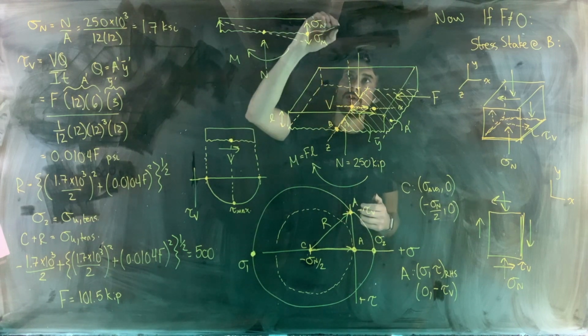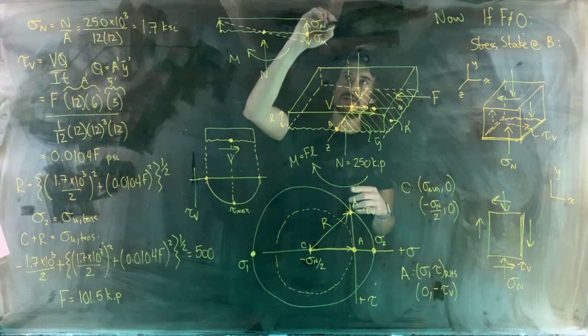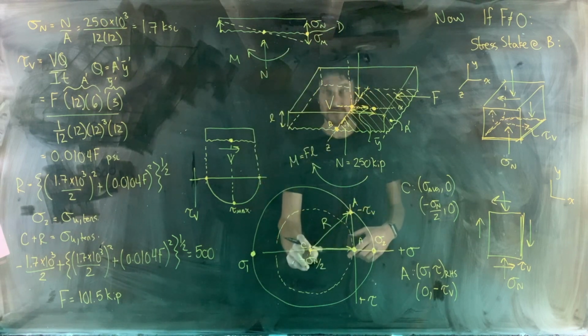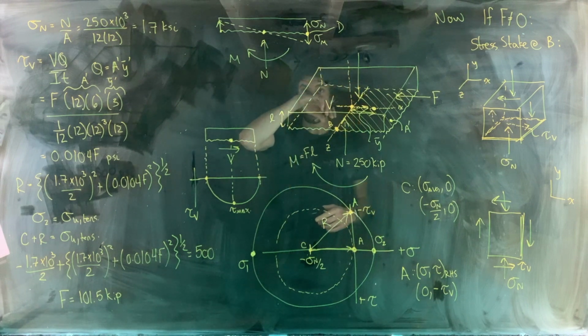So let's call this point, we've used point B, we use point A in our circle, we use point C. So let's call that point D there.